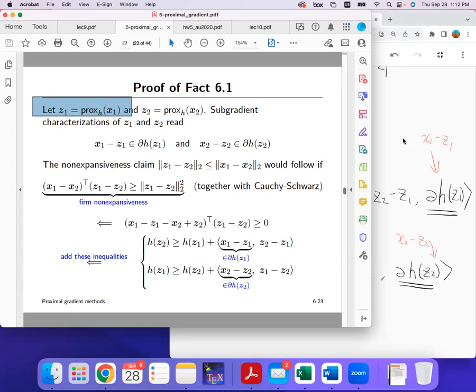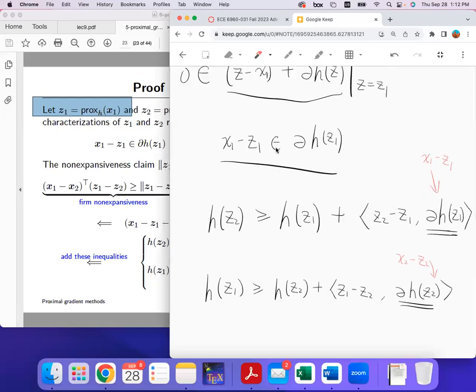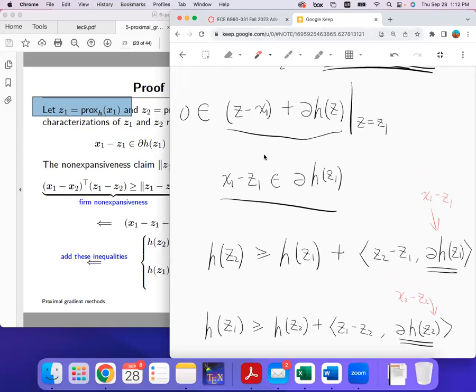In fact, this inclusion equation, we can solve for Z1.